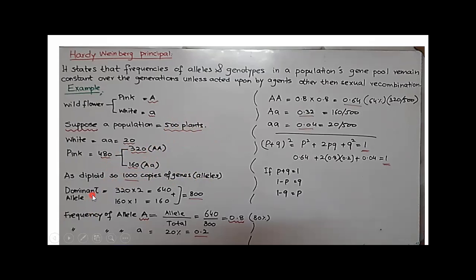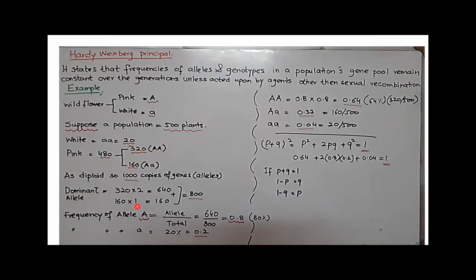Then the dominant allele, capital A, is carrying the 320 as the dominant form. So capital A is present, so we will multiply 320 by 2. This will make 640 in the homozygous dominant condition.